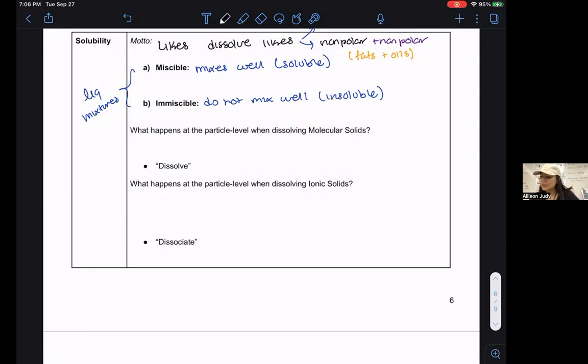A molecular solid can be understood as a solid held together by intermolecular forces between individual molecules. And so what happens at the particulate level when we think about dissolving a molecular solid, such as sugar? Sugar is a molecular solid.